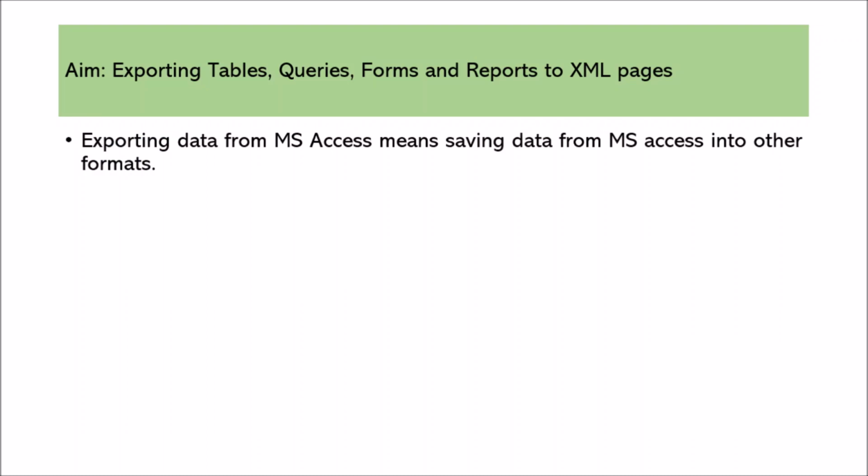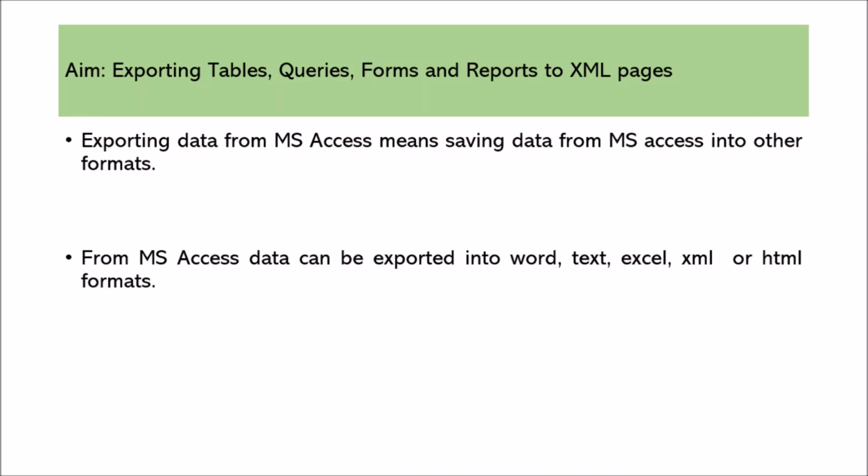Exporting data from MS Access means we are saving data from MS Access into other formats. So we will export the data from MS Access into Excel file format, Word format, text format, XML format, web means HTML format. So we can export into various formats.